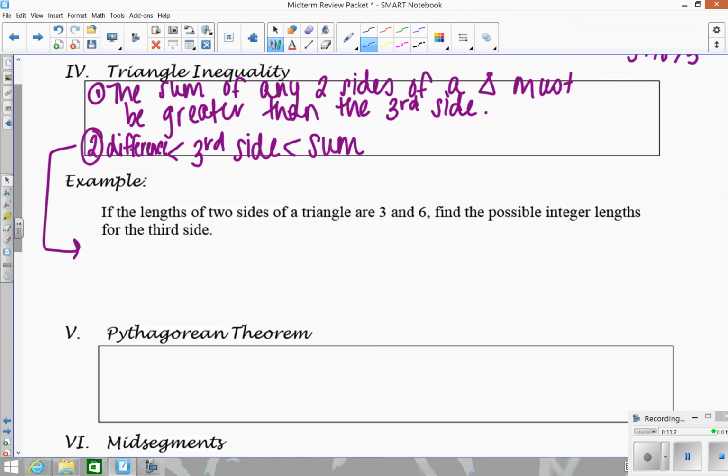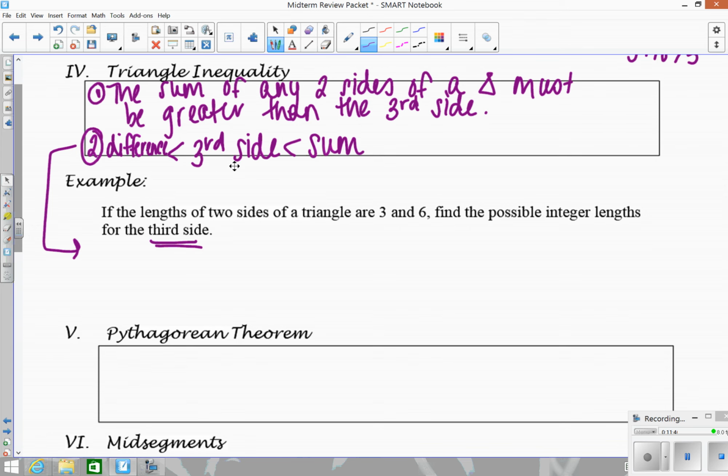If the lengths of two sides of a triangle are 3 and 6, find the possible integer lengths of the third side. So when you don't have a multiple choice question with a set of three numbers already provided and you're just trying to decide if they form a triangle or not, this is the approach you're going to use. You're going to use the second part of the theorem.